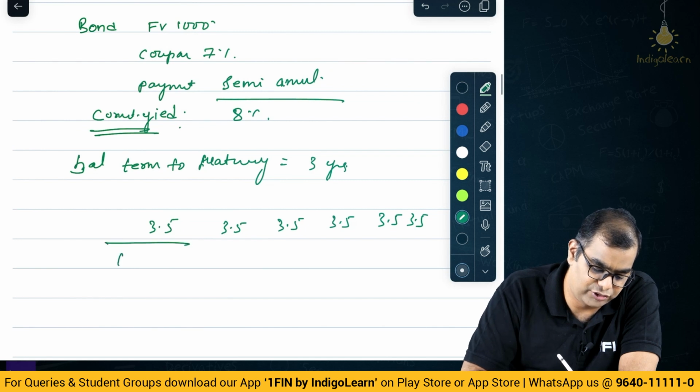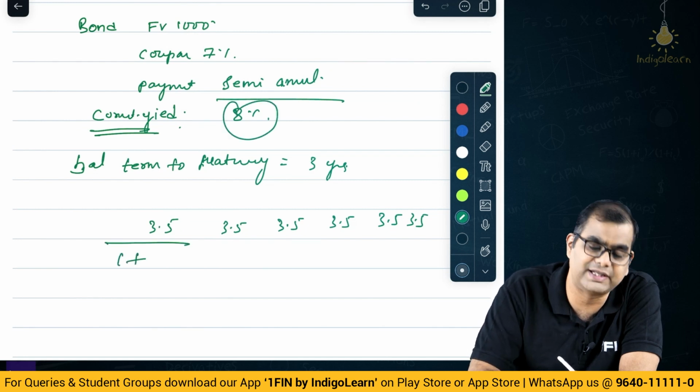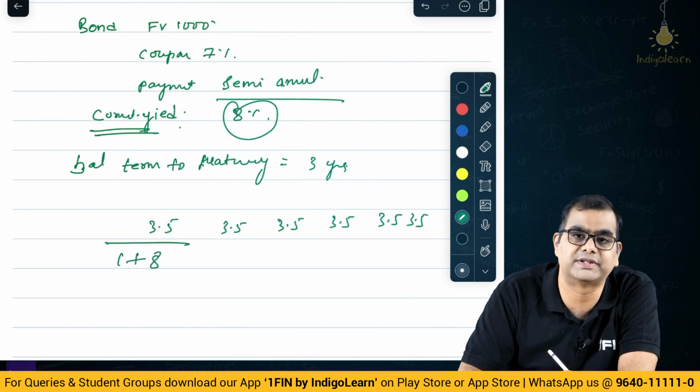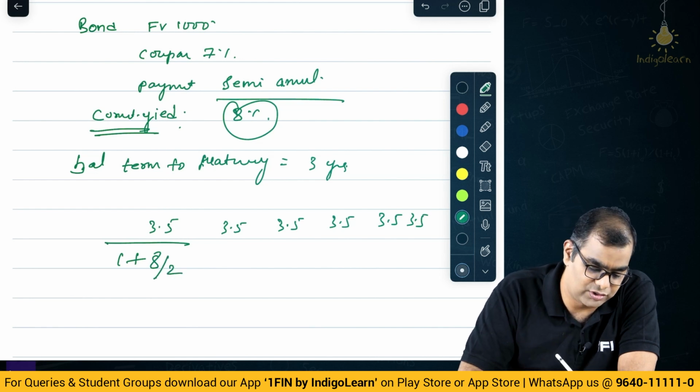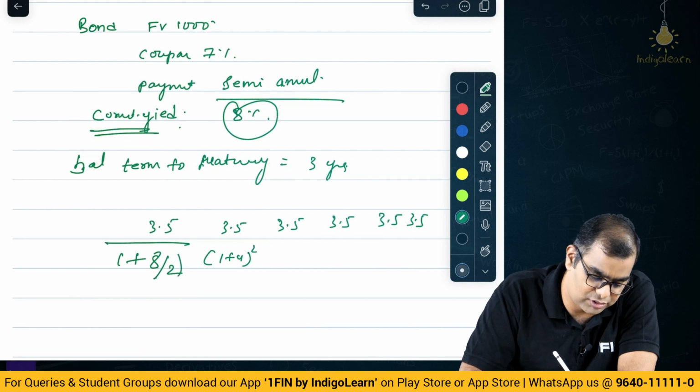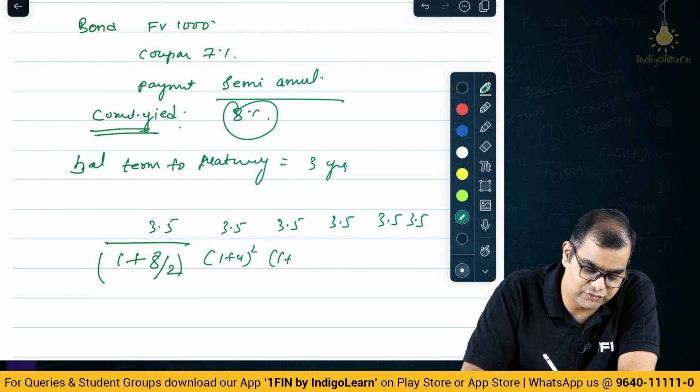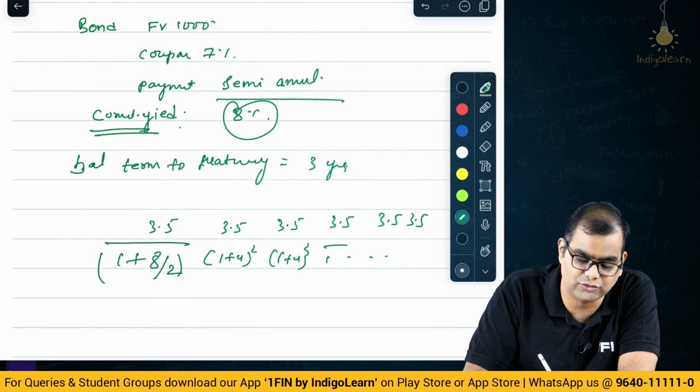This 3.5 you do not divide by the yield. Let us say this yield is 8%. You do not divide it by 8%. You divide it by 8 by 2 because of the number of periods. So, this will be 1 plus 4% square, 1 plus 4% whole cube, and so on and so forth.